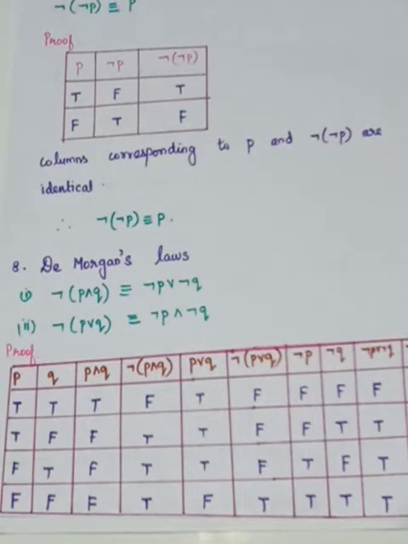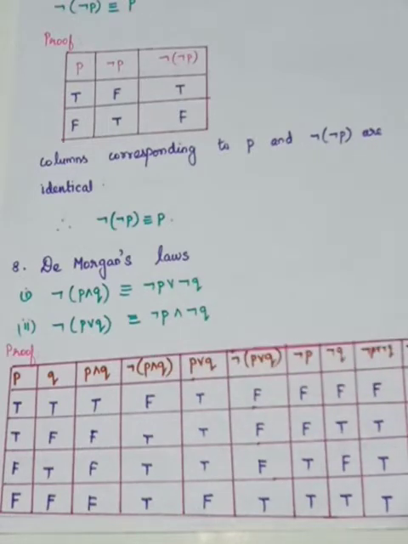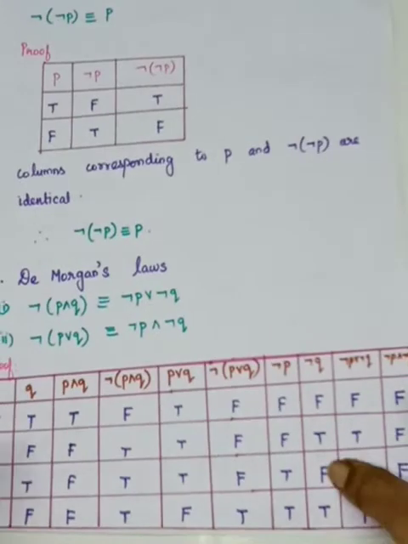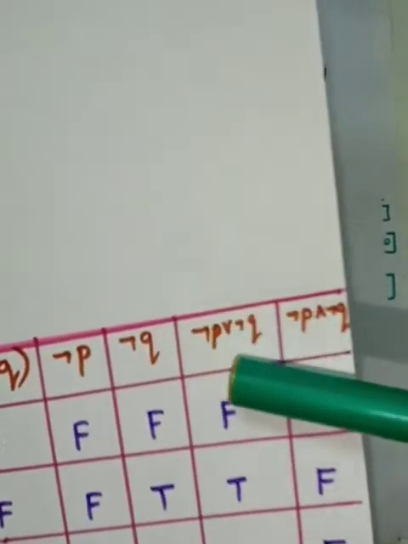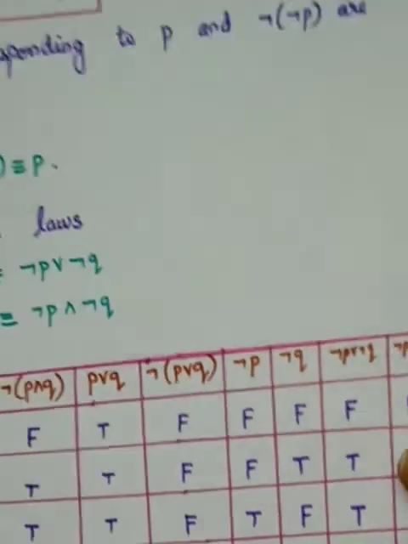State and prove De Morgan's law means you can write both the statements in the same tabular column. For the first statement I have written negation P or negation Q, and negation P and negation Q.